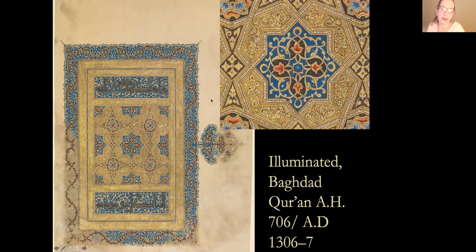I'll depart from the Japanese painting for a moment to emphasize a very nice example of how geometric shape is used in Islamic representation. Here we're looking at the sacred Quran, an illuminated folio page from Baghdad.